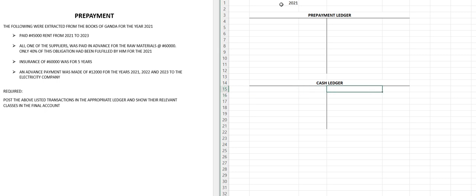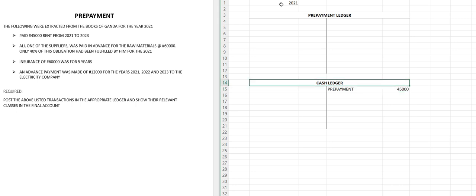Cash is paying out to prepayment. Prepayment is receiving from cash how much? 45,000 naira. That's how you treat it.